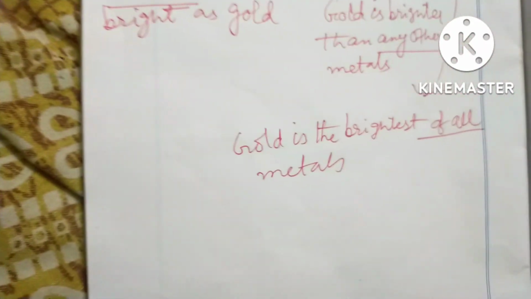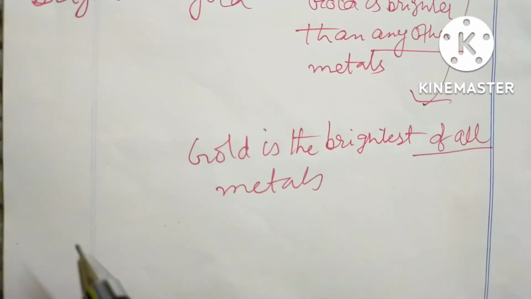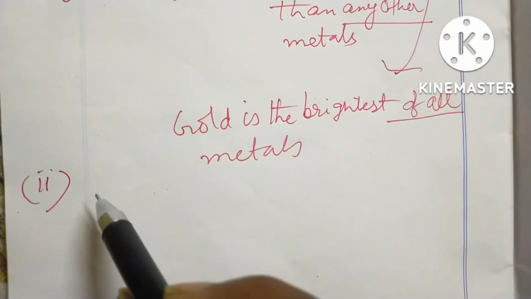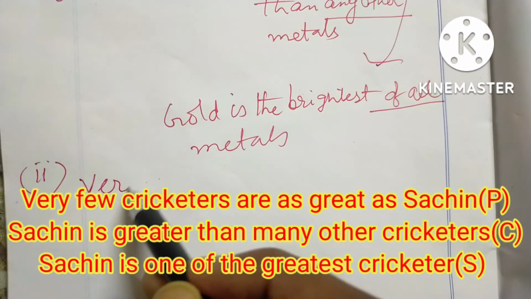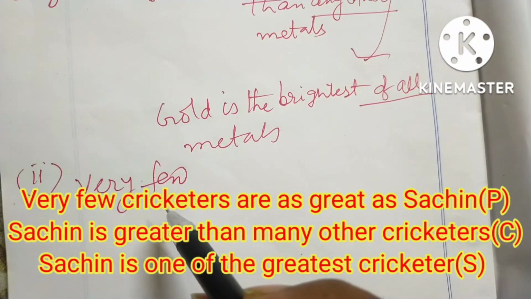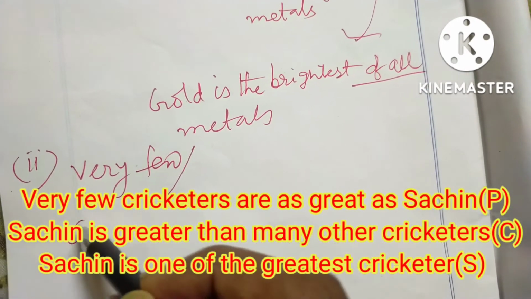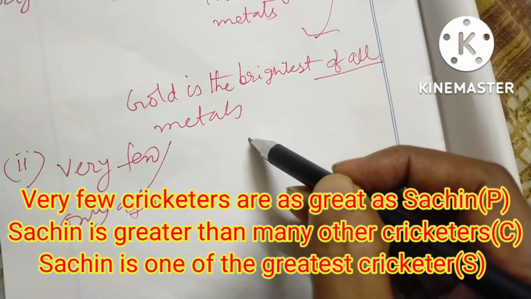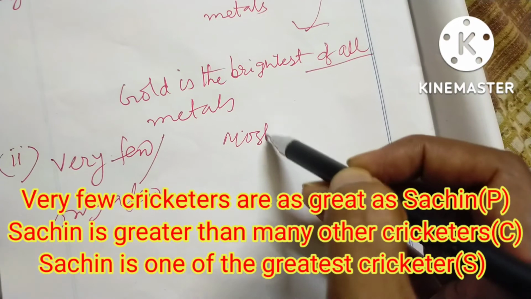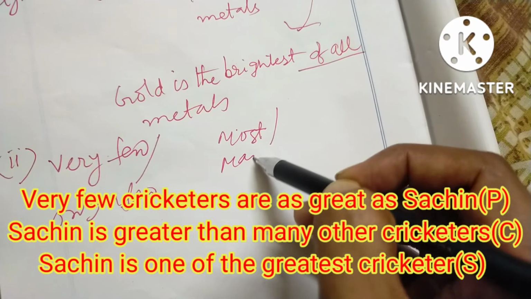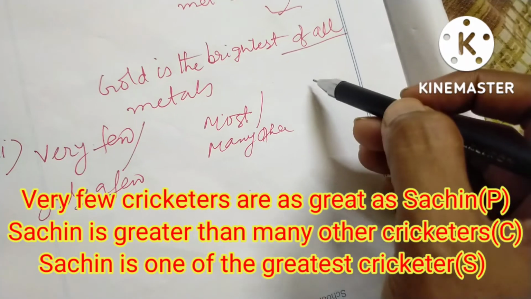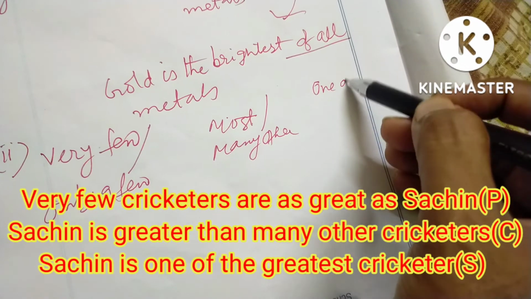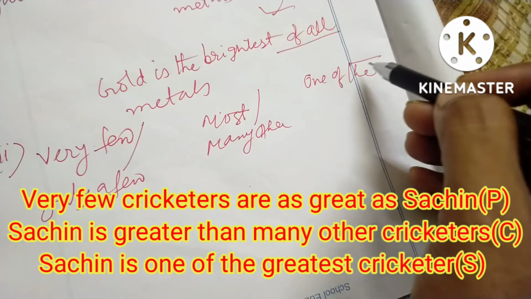Now the other rule, part 2 of this rule, when we use very few or only a few. In the case of the comparative, we use most or many other, and in the case of the superlative, one of the.